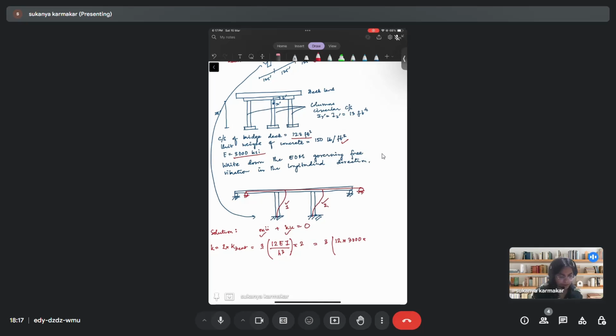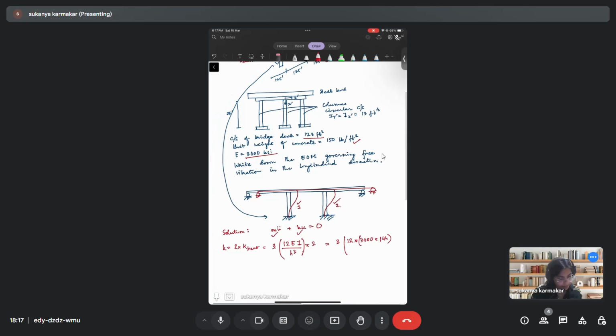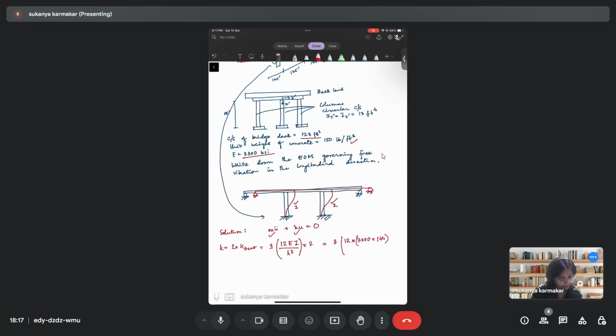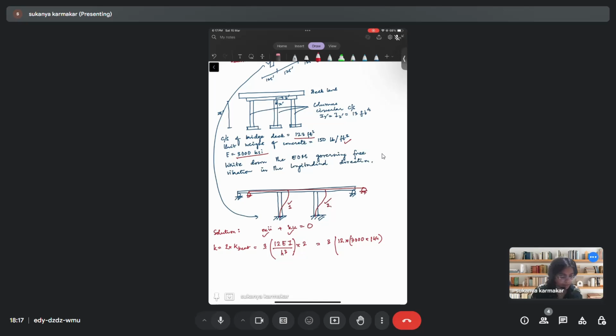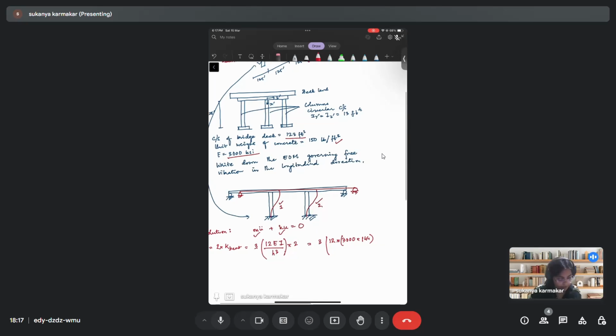There you'll have to convert the unit. You have a conversion unit of 144. You are converting from KSI to, I believe it has to be converted into pound per feet square. So you will have this conversion unit into I. I is 13 feet to the power 4.